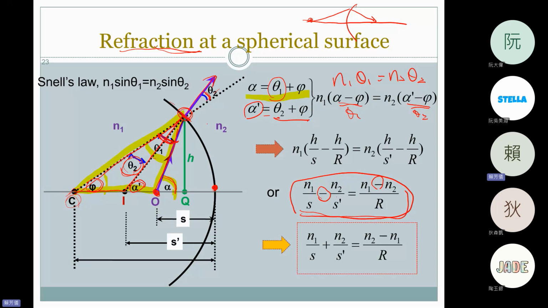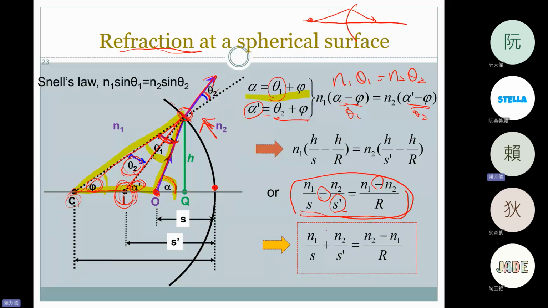So for the figure here, we know that it is actually not from a real image. It is like backward to form the image here. So this is a virtual image.